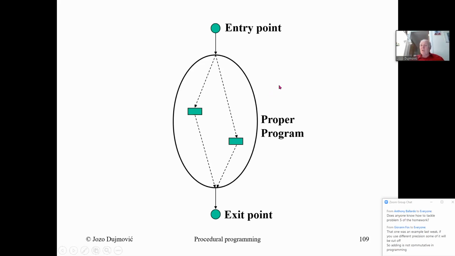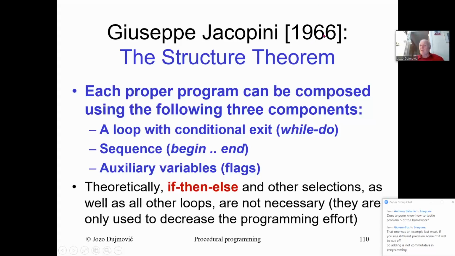Proper program has the theorem that is developed by Giuseppe Jacopini in 1966 called structure theorem. It says that each proper program can be composed using loop with conditional exit, sequence, and auxiliary variables or flags, and nothing more.